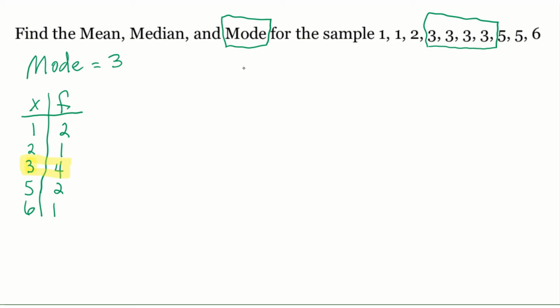And that value, the corresponding value, is going to be your mode. So both of these are giving me a mode equals 3. Okay. So that's how you're going to solve for mean, median, and mode when they give you a sample where it's all listed out.